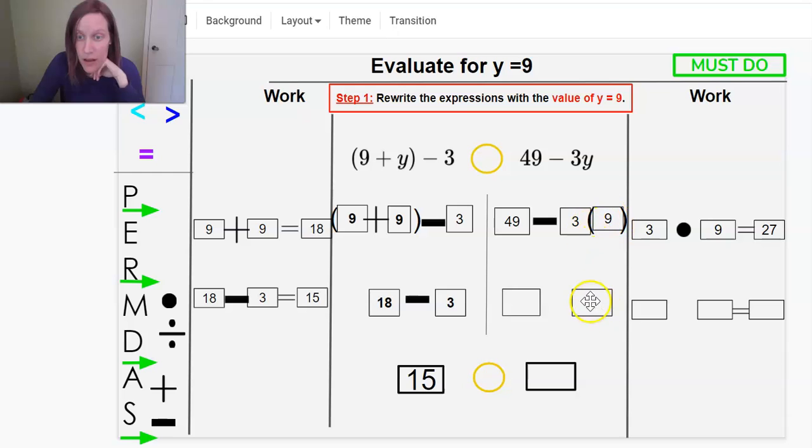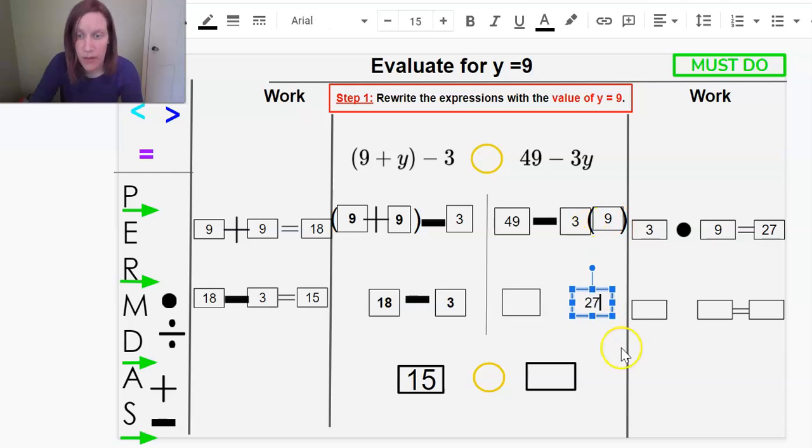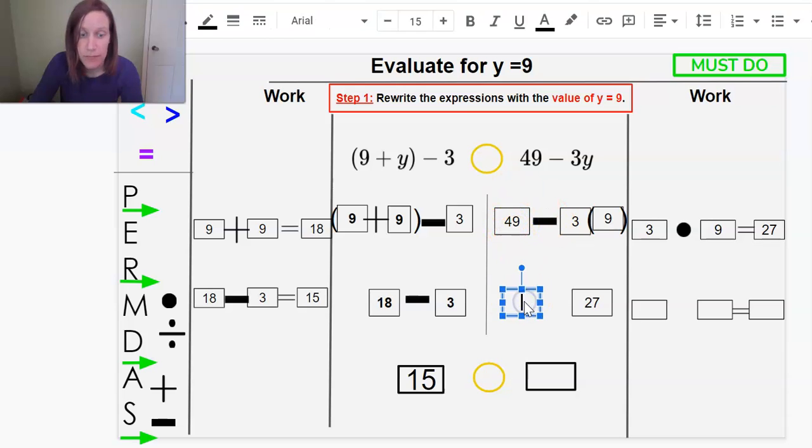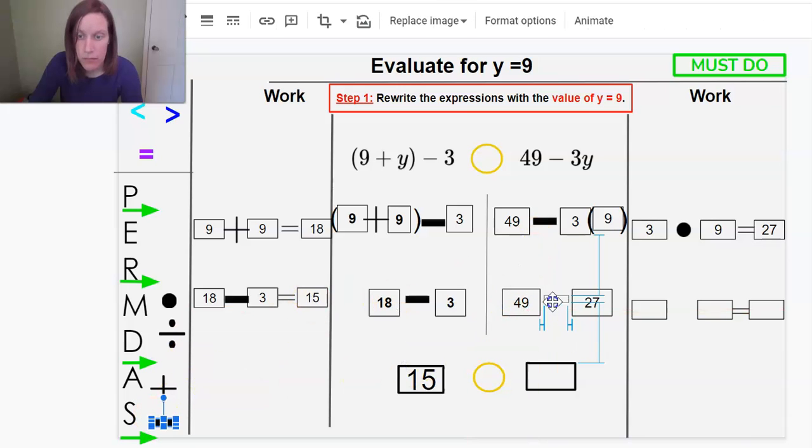So then I'm going to rewrite the problem with that 27. This is what I just did. So I now put 27 into that box. And then I bring down the rest of my problem that I haven't used, which is the 49 minus 27.